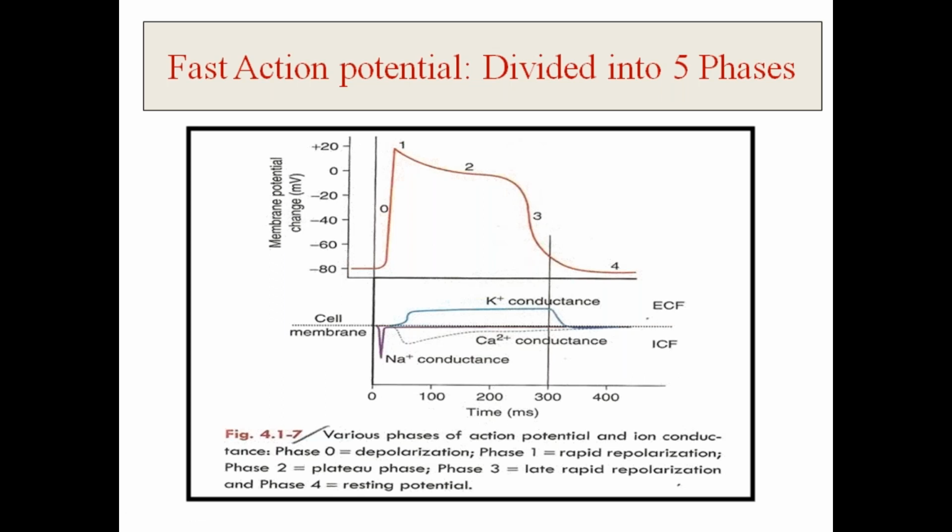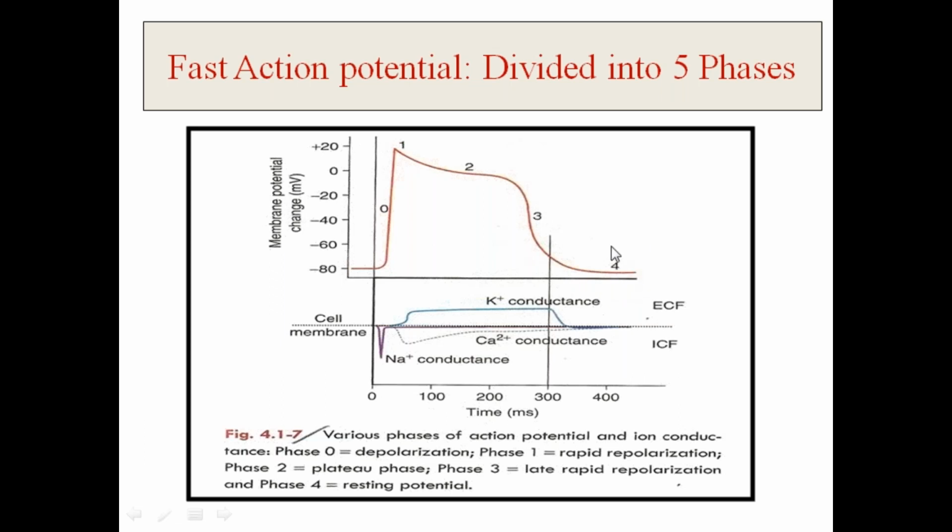Then there is inactivation of the calcium channel also. Now only one channel is open, the potassium channel, and because of rapid potassium flux, the membrane shows rapid repolarization in phase 3, and slowly the membrane potential again reaches the resting membrane potential.